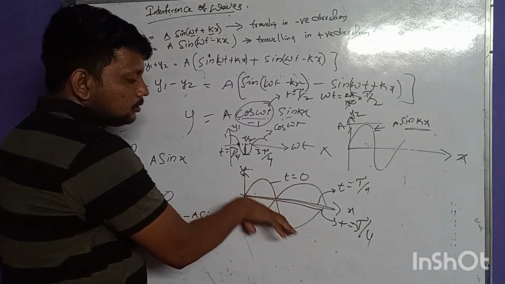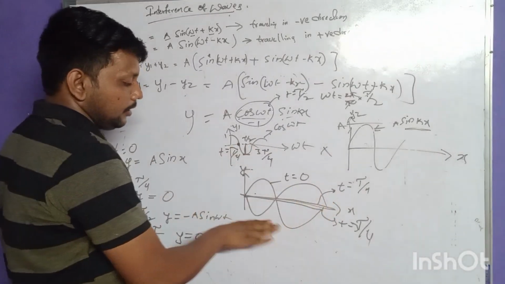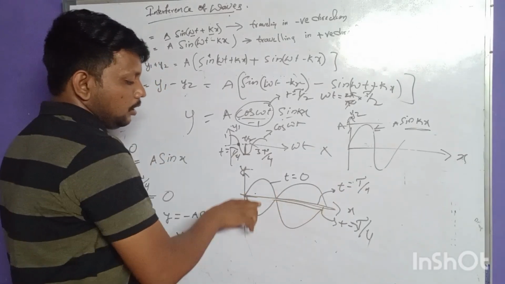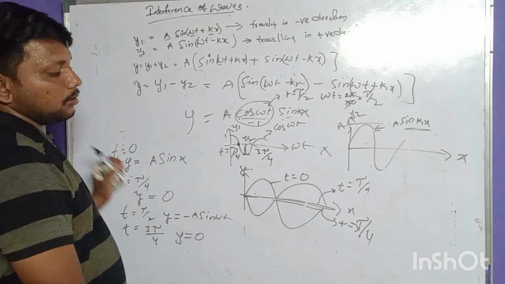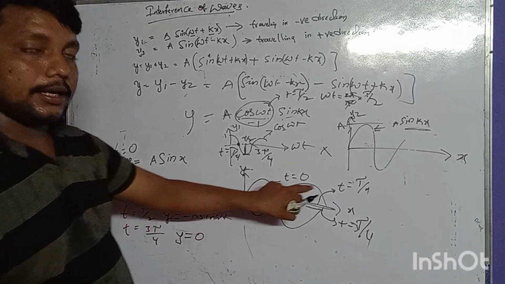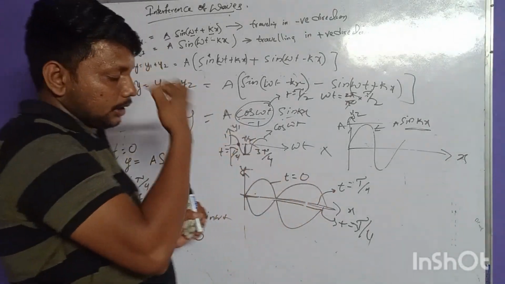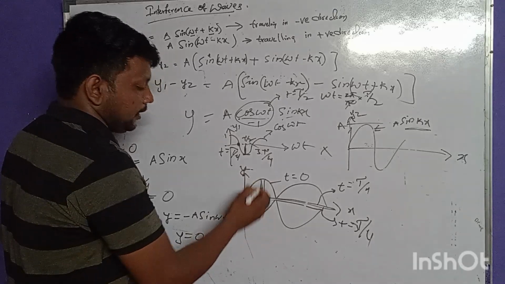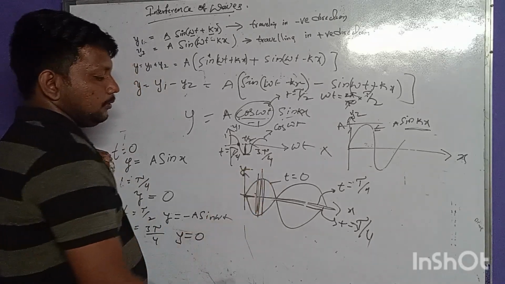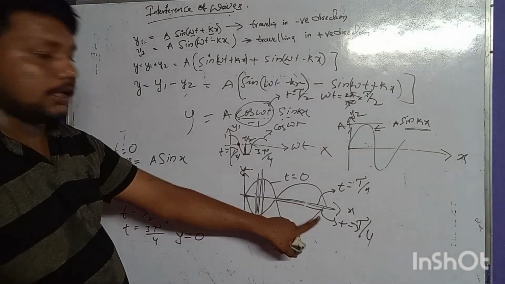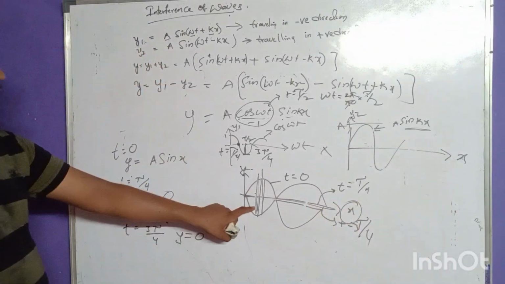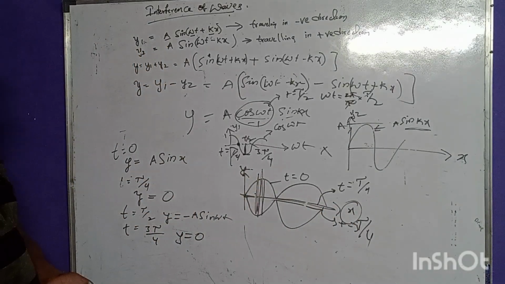At t is equal to 0, we are getting a sine wave, at t is equal to tau by 4 we get 0, and at t is equal to 3 tau by 4 we are getting a negative sine wave. That means the particle is oscillating with respect to time, but not with respect to distance. This is called a standing wave.